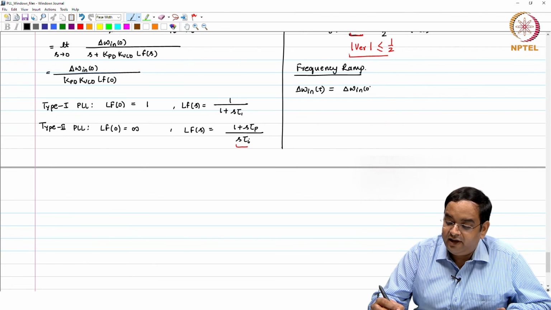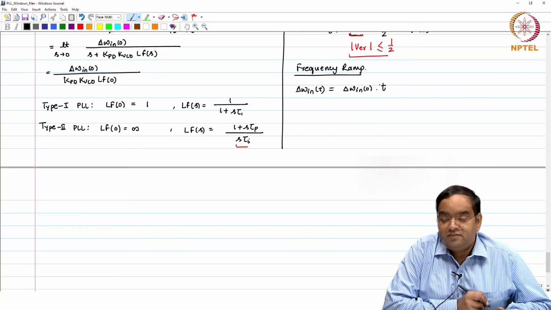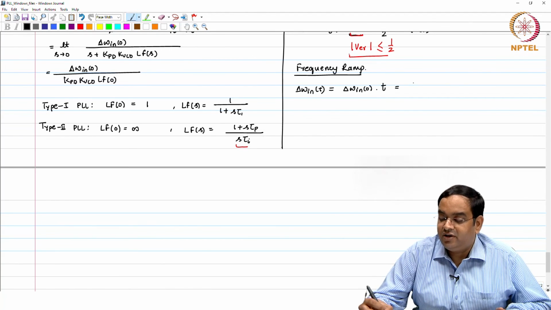I am calling that rate delta omega in 0 times t. So, you can say this is an integral of delta omega in 0 times dt.